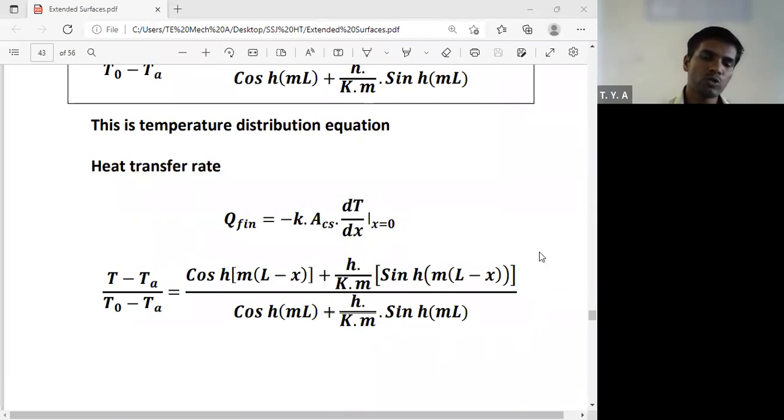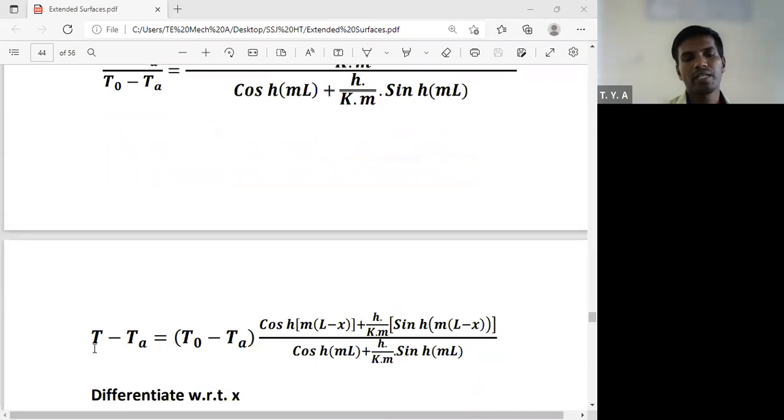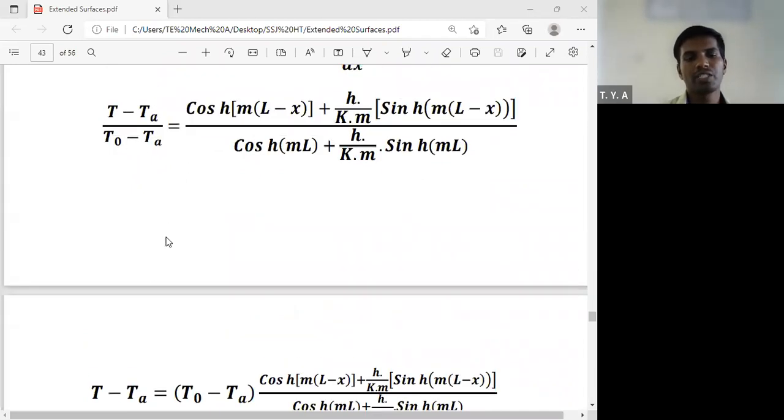या इक्वेशनचा यूज करून आपल्याला काय फाइंड आउट करावं लागेल. By using this equation, find out the value of dt by dx at x is equal to 0. Write the equation.